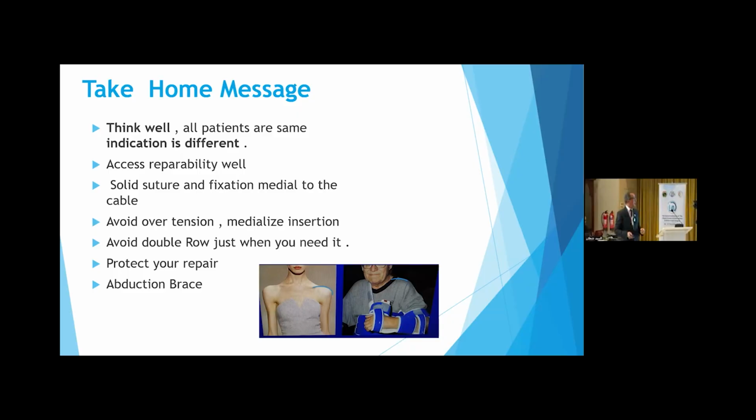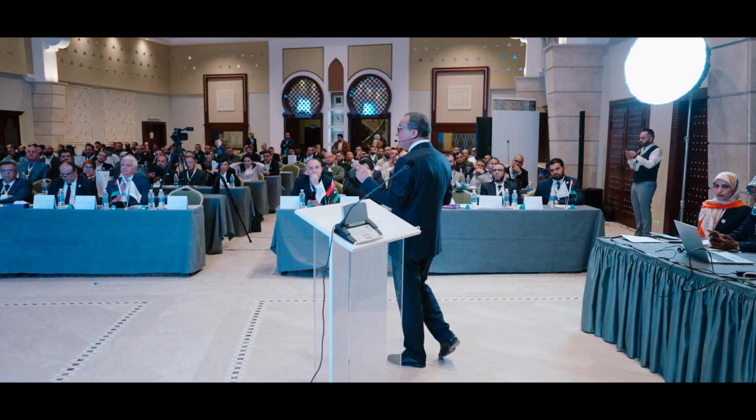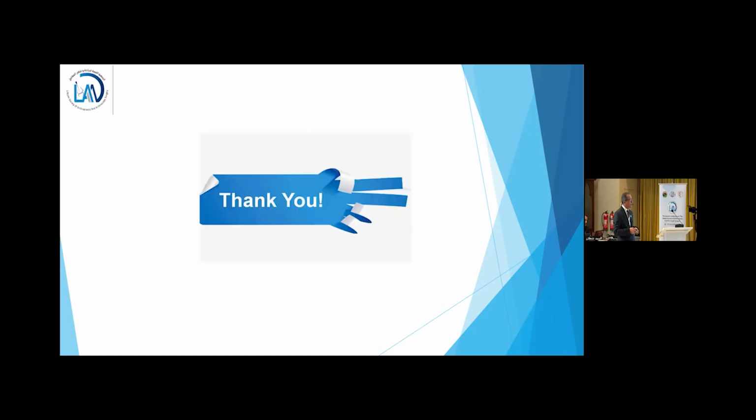Usually assess repairability well, use solid suture and fixation medial to the cable, avoid overtension of your suture, usually medialize your insertion, use double row just when you need it, and protect your repair with an abduction splint. Thank you very much.